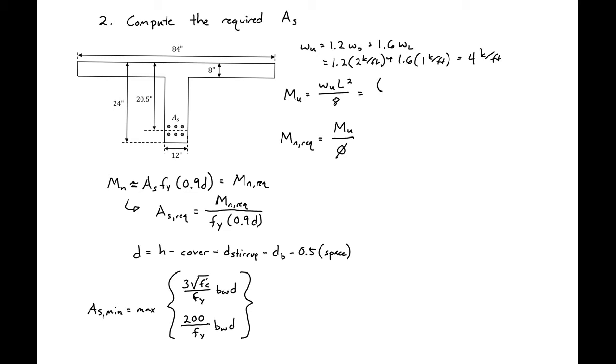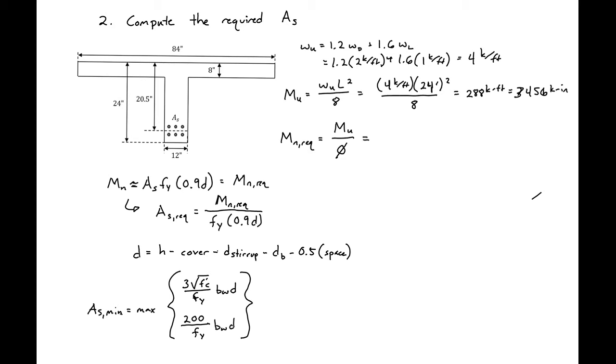So we'll have our WU, which we just found, 4 kips per foot, times our length, which is 24 feet squared, divided by 8, to give us our M sub U, which is 288 kip feet, times 12 to give us kip inches of 3,456 kip inches.